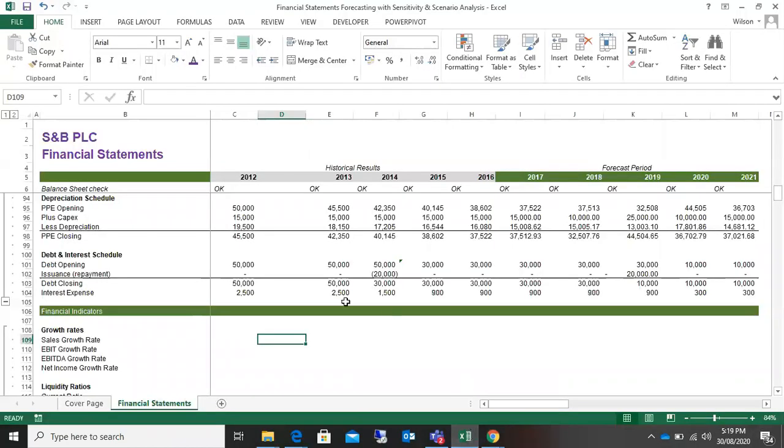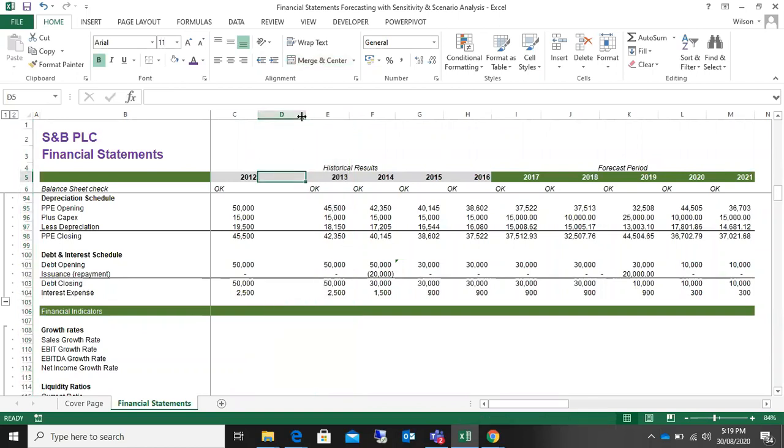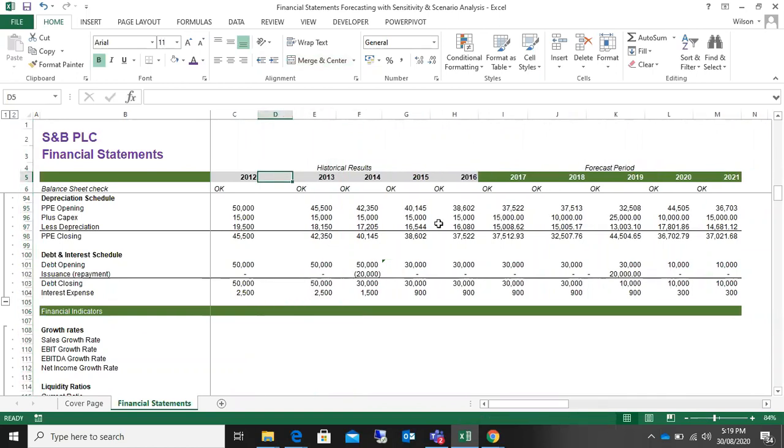Now for the sales growth, we know the growth formula to be straightforward, right?